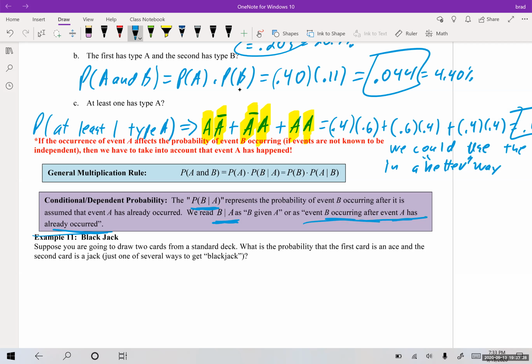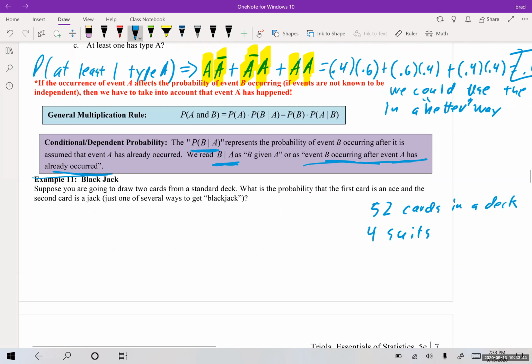So let's do a thing of blackjack. Suppose you're going to draw 2 cards from a standard deck. And by the way, there's 52 cards in a standard deck, 4 suits, with 13 cards in each.